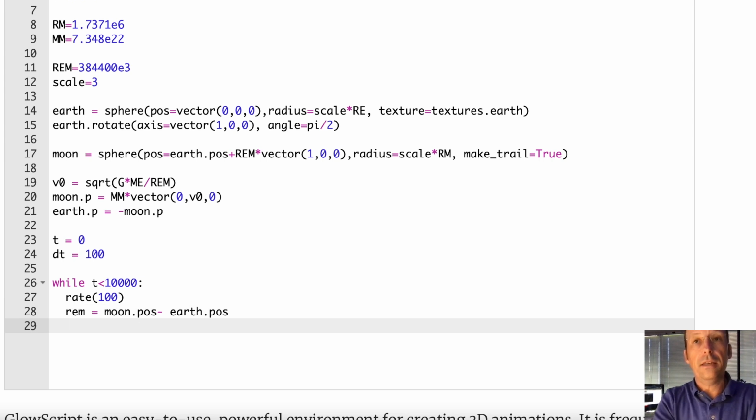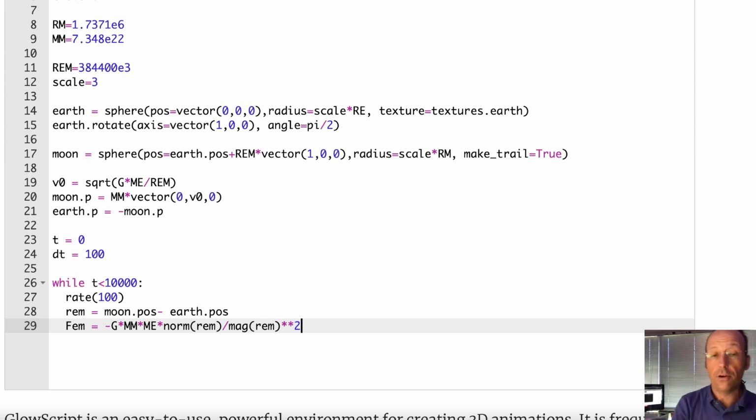Now I can calculate the force on the moon due to the Earth. FEM equals negative G times mass of the moon times mass of the Earth times norm(rEM) divided by mag(rEM) squared. So norm returns a unit vector, a built-in function that returns a normal vector. And mag returns the magnitude of the vector. So that's the gravitational force on the moon due to the Earth.